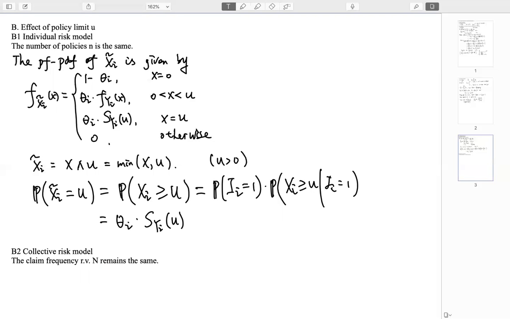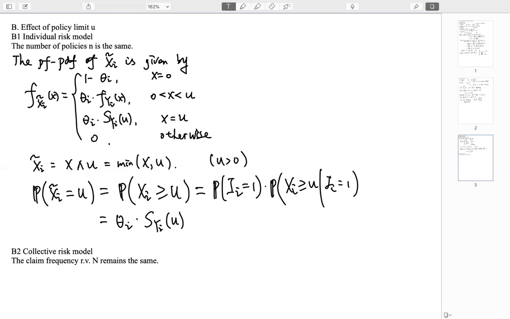If you introduce a policy limit, a claim is a claim. You only change the size. You will not alter the fact that a loss will be reported, because here there's no deductible. Any loss will be reported no matter how small it is, and the company needs to pay, even if it is a small accident, even if it is as small as $10, because there is no deductible.